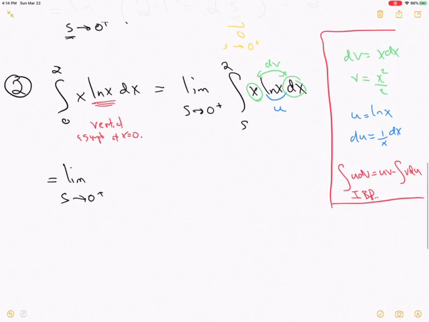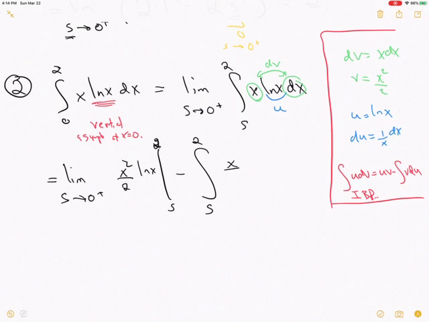So integration by parts says it's equal to uv, the order is irrelevant, I'll write it as x squared over 2 times natural log of x. We evaluate at the two endpoints, s and 2, minus the integral from s to 2 of v du, which cancels out to give us x over 2 dx. You can check that that is what you get.